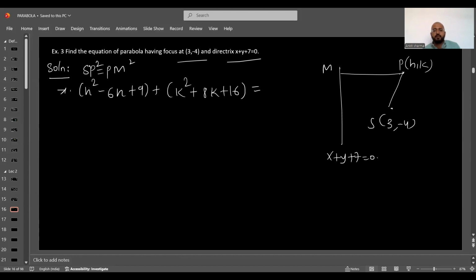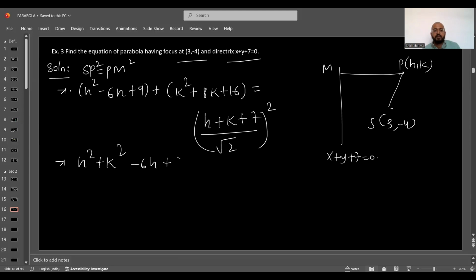That means I'll have here (h plus k plus 7) over square root of 2, the whole square. So we just need to expand this. I'll have h square plus k square minus 6h plus 8k plus 25 equal to, now start expanding this one. The square root 2 square is gone, so the 2 I have taken here.